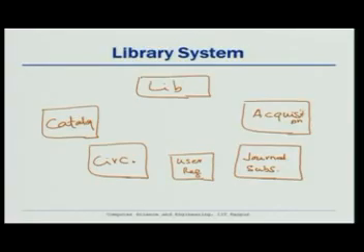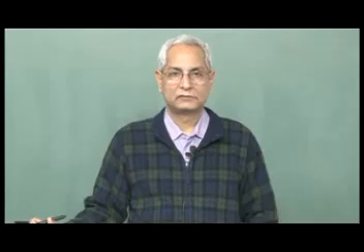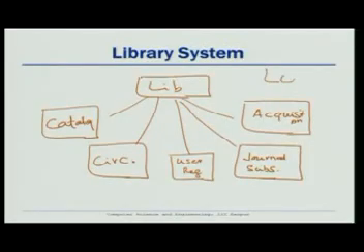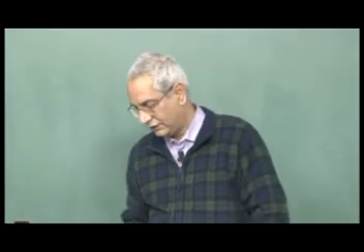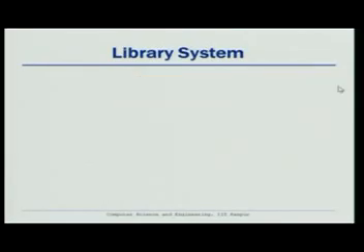Now let us see how these various subsystems interact at runtime. So if we want to issue a book, the circulation module is the one which will issue the book. It is going to talk to the catalog module and to the user registration module, right.